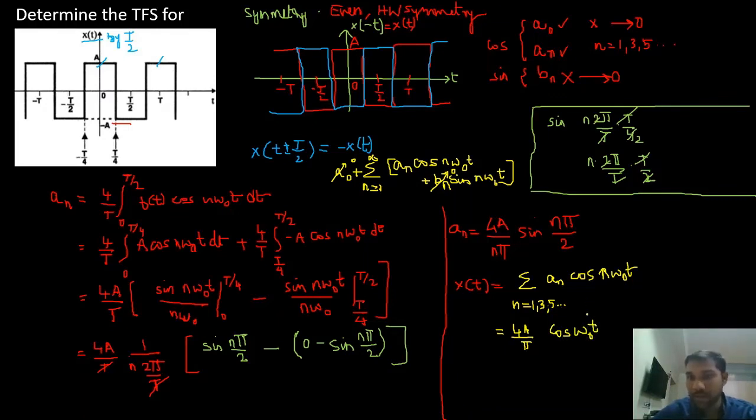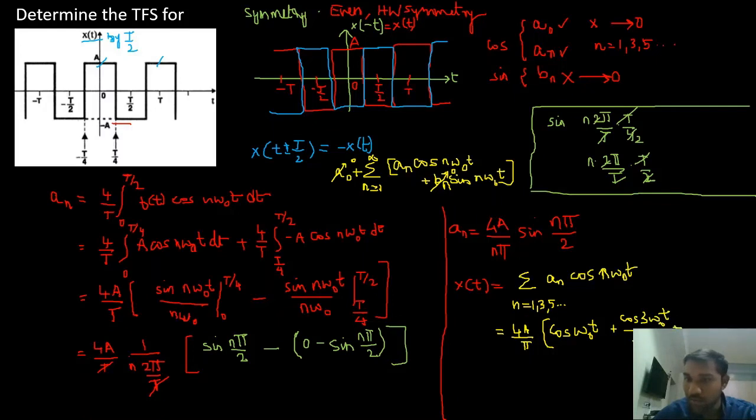When n is equal to 3, I have 4A by 3 pi, so 4A by pi is common, with 3 in the denominator, and in the numerator cos 3 omega naught t.